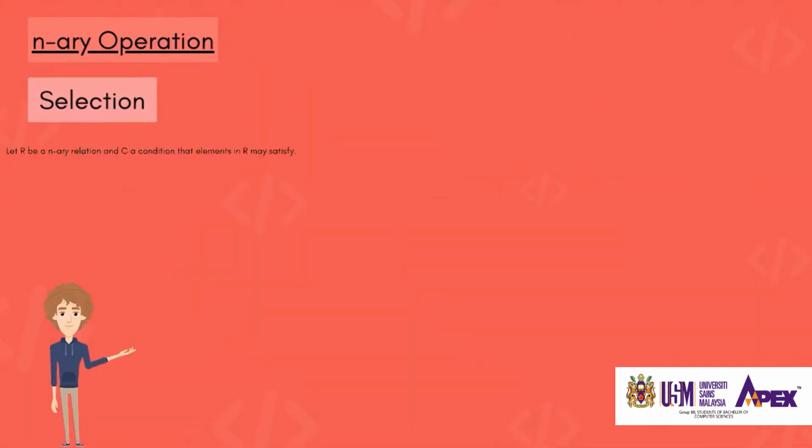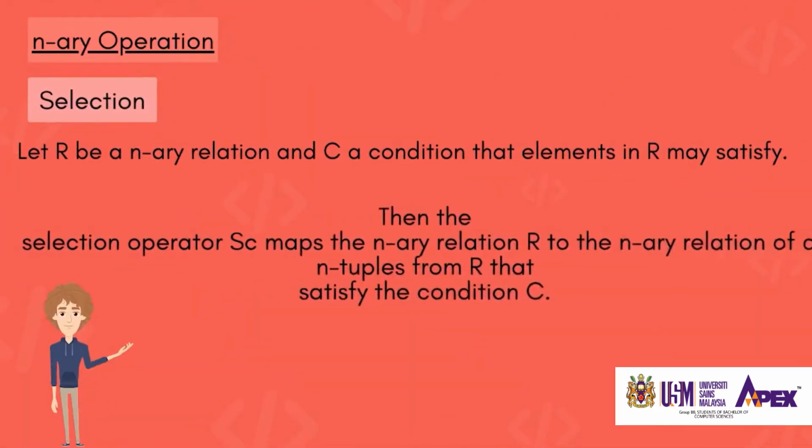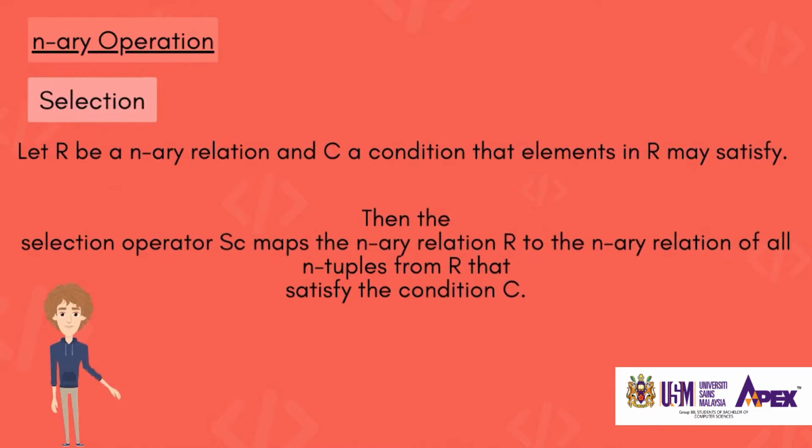After that, n-ary operations. First is selection. Let R be an n-ary relation and C a condition that elements in R may satisfy.